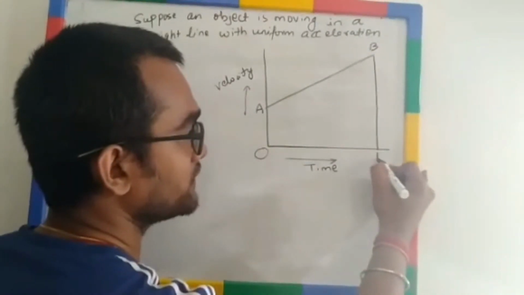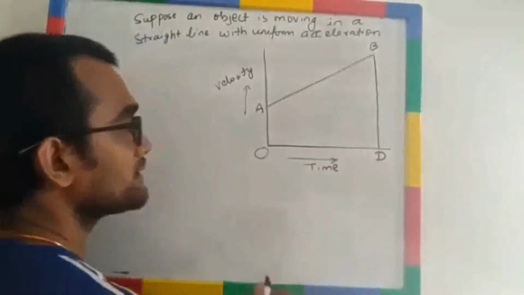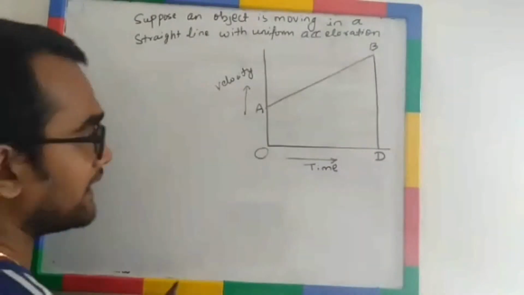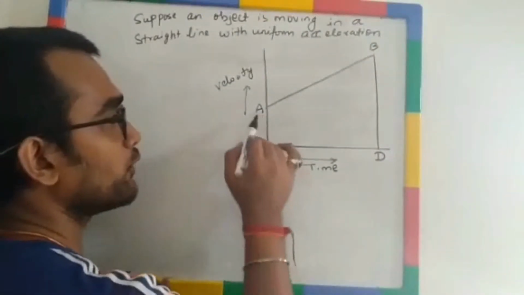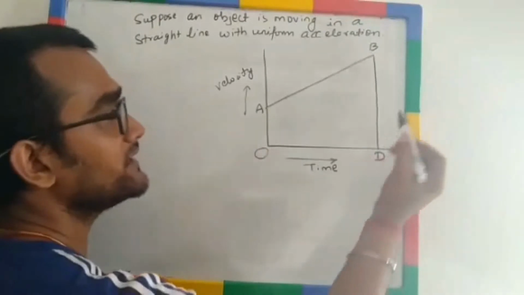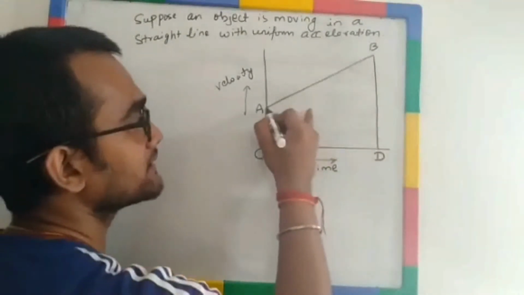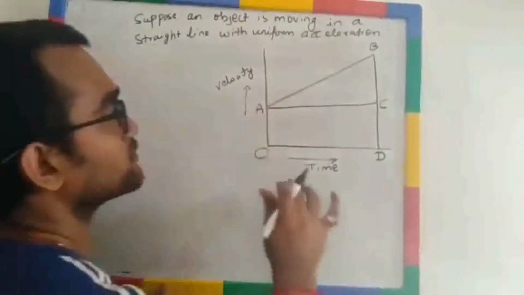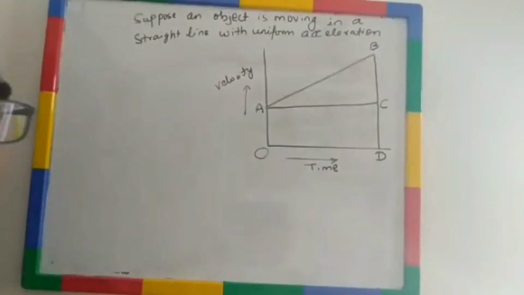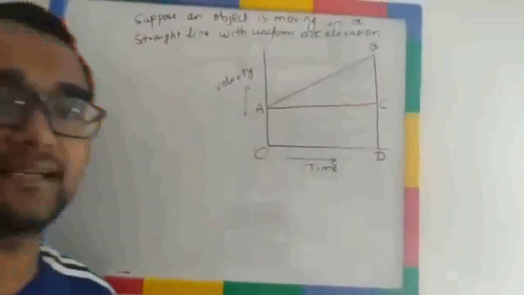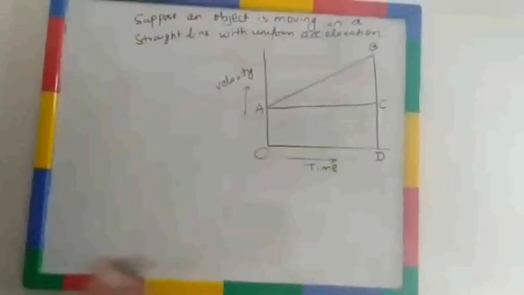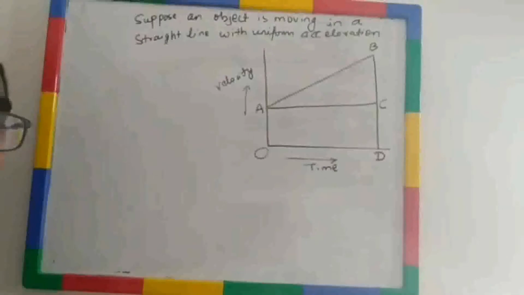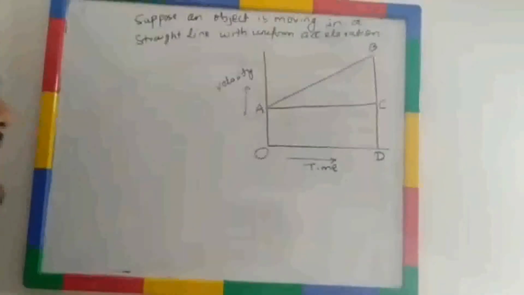So this is the perpendicular, and the perpendicular intersects the x-axis at point D. After that, I will drop a perpendicular from point A on line BD which will intersect BD at point C. So this is the perpendicular from point A on line BD intersecting it at point C. Now, after drawing the diagram, I have to let you know all the notations related to this diagram.